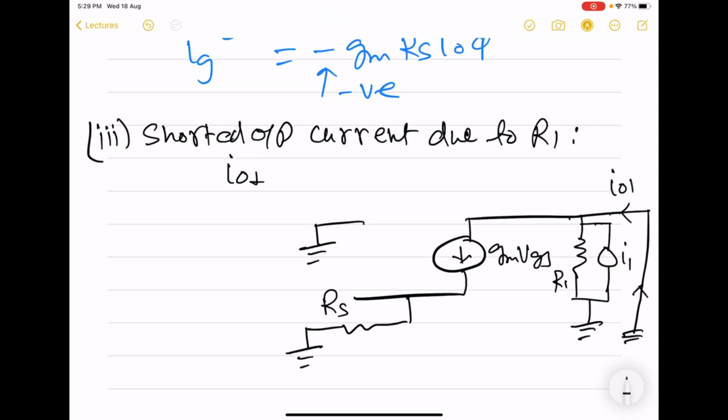So this I1 we want to know, and this is the noise current source due to R1. Again, R1 is short circuited at both the ends, so there is going to be no current flowing through R1. And here it means that this entire I1 is going to flow like this.